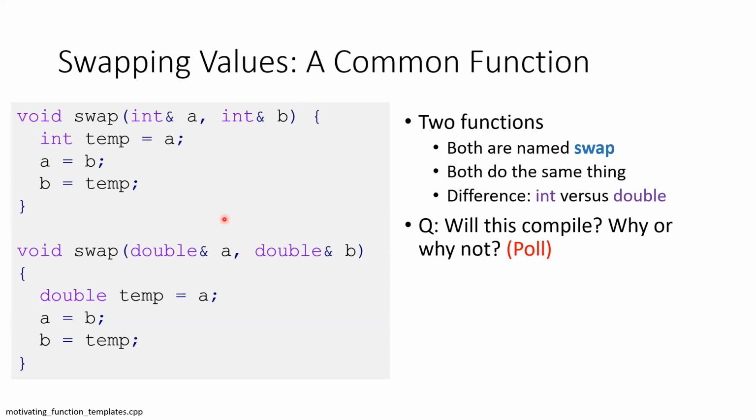And these two functions are written together. Both are named swap, and they do the same thing, but the difference is one is int and one is double. So question, will this compile, why or why not?